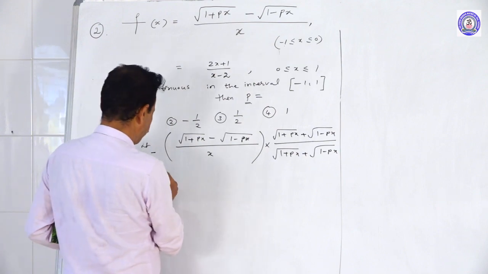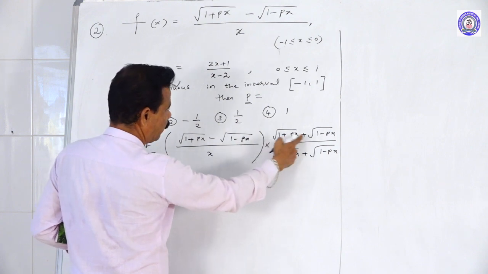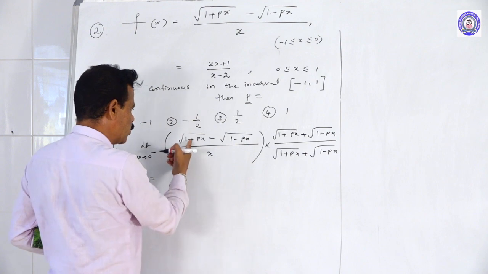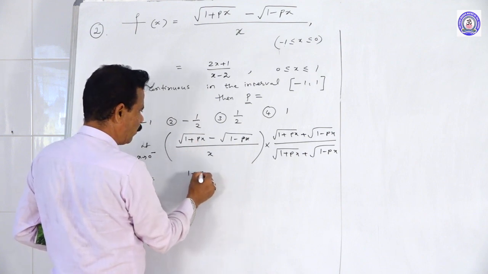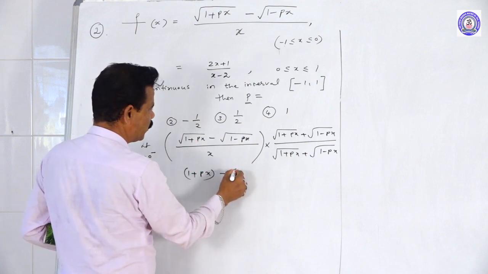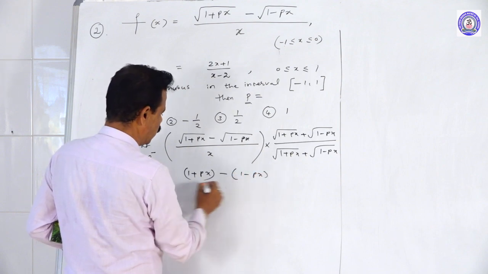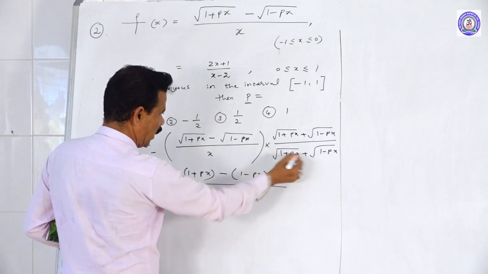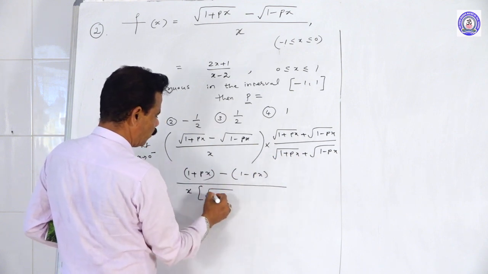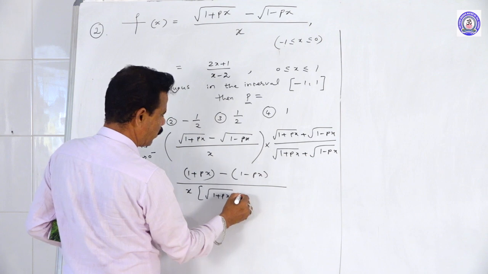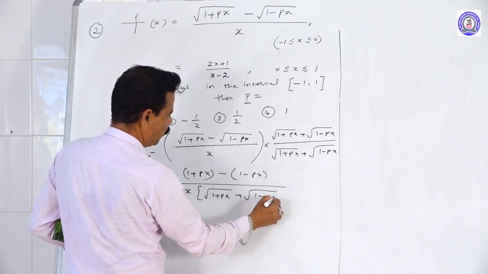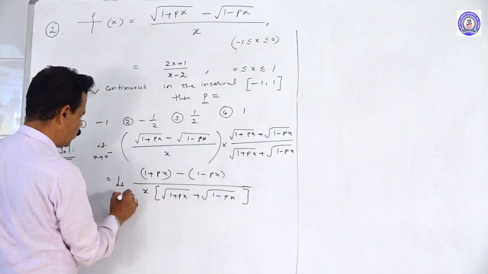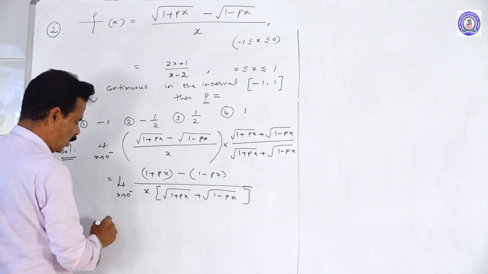After this, (a plus b) into (a minus b) is a square minus b square. A square means this root cancelled, remaining 1 plus px minus b square, 1 minus px, divided by x, this x, at this value root of 1 plus px plus root of 1 minus px, where limit x tends to 0 minus as it is.